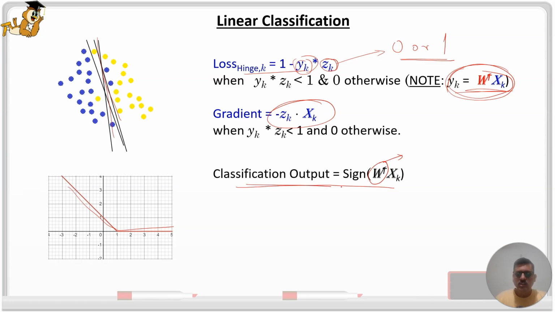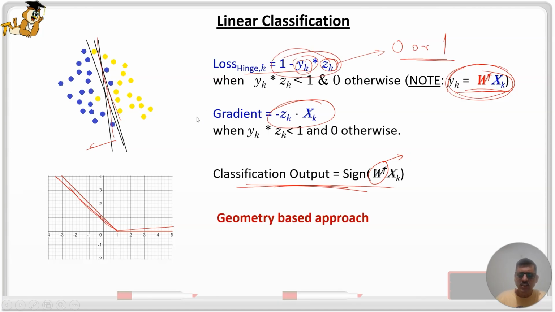So this is what your linear classification did, which we studied several lectures ago. Your loss was the hinge function, and as you went further and further away from your linear separator, clearly your loss increased linearly. Loss was 1 minus yk times zk.